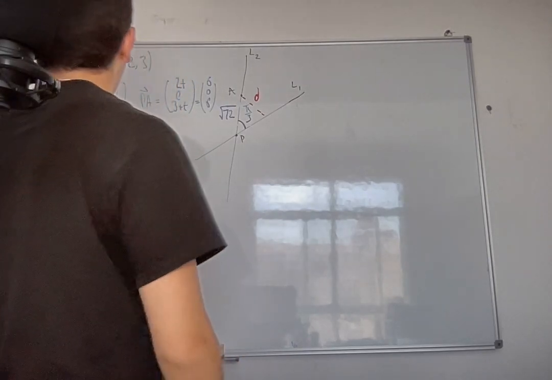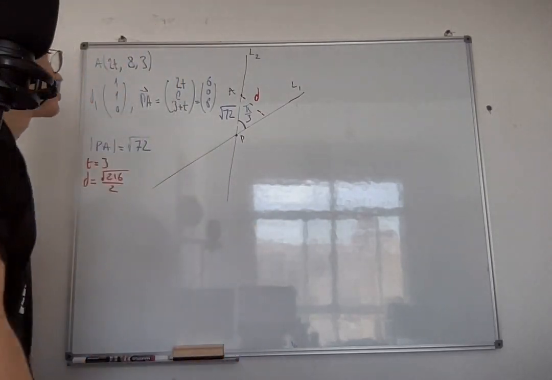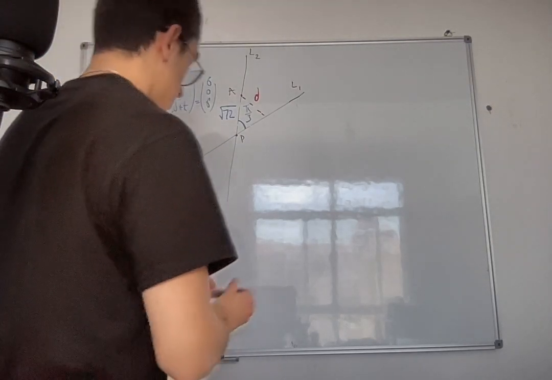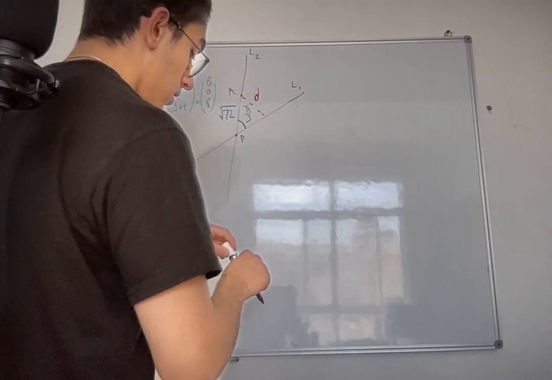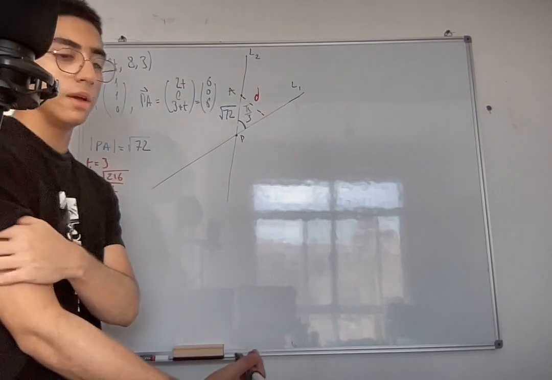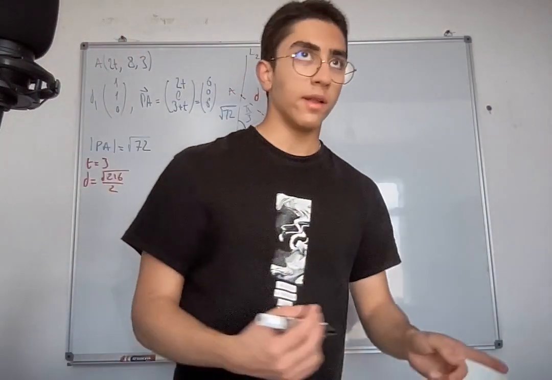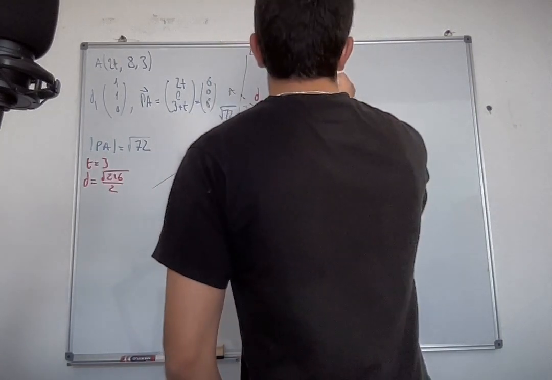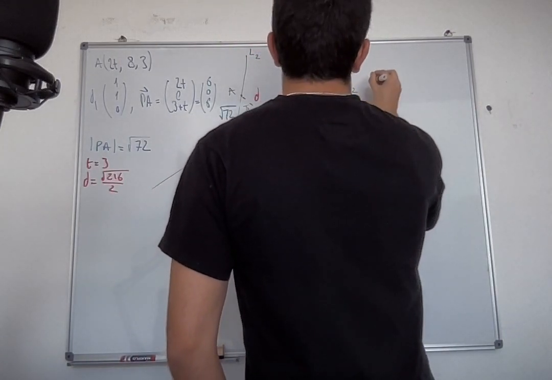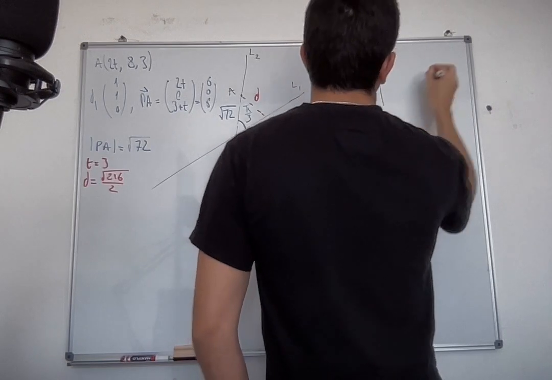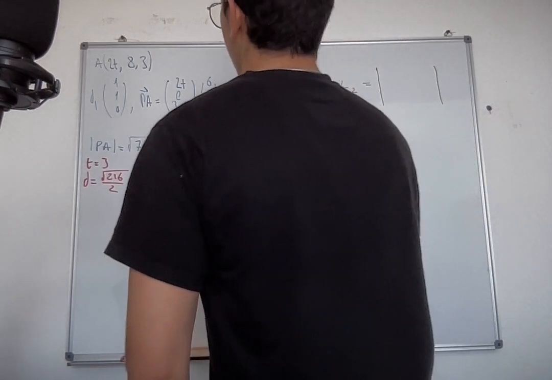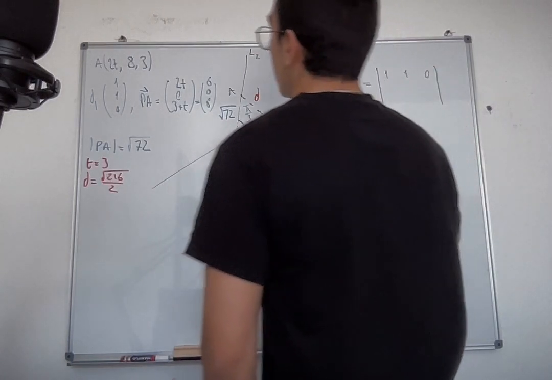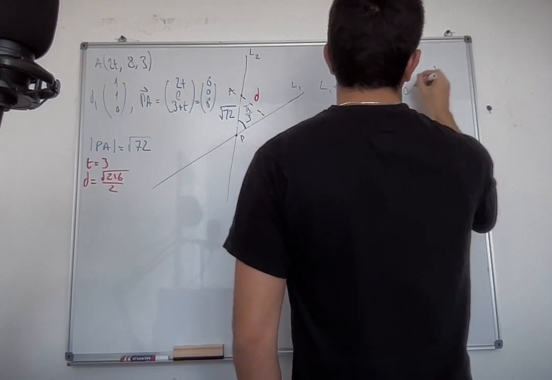Okay. So we have the vectors of L1 and L2. You can simply use cross product to find the normal vector because we know that L1 and L2 are in the plane, so their normal is going to be the same. So L1 cross L2: L1 is 1, 1, 0 and L2 is 6, 0, 6.